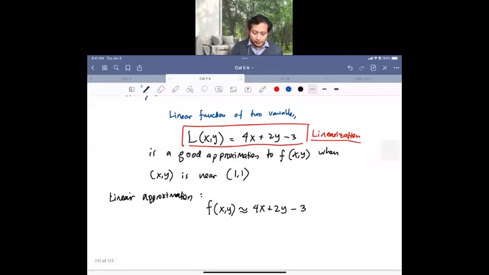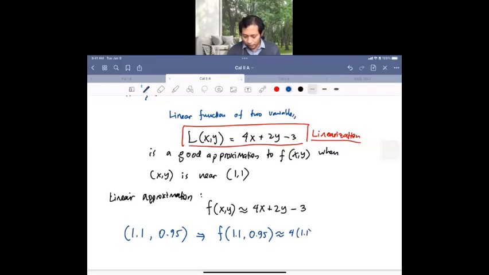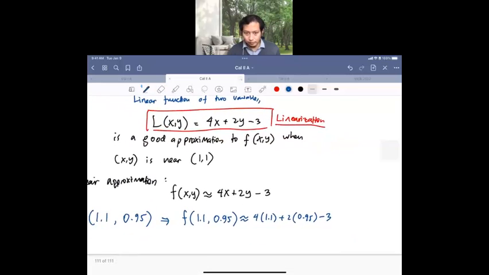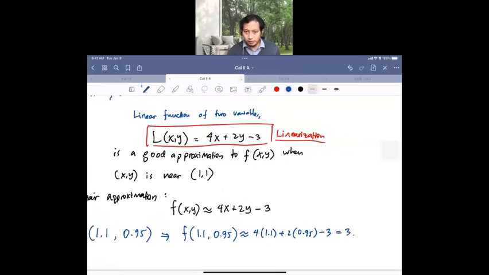So for instance, if we take the point 1.1 and 0.95 for x and y, we can check the approximation. It is equal to 4.1 plus 2(0.95 minus 3). This equals 3.3.